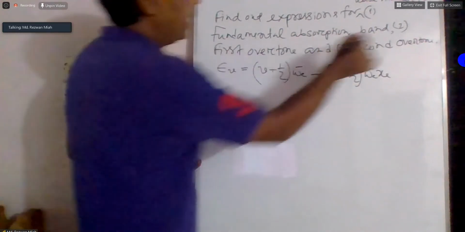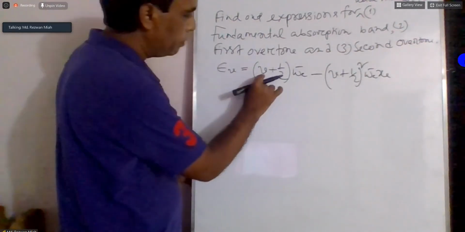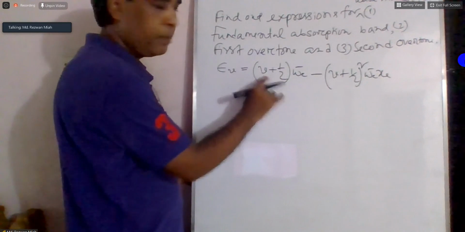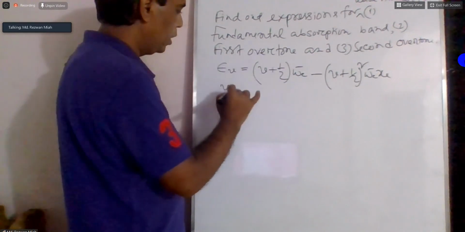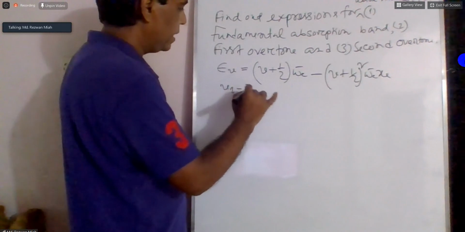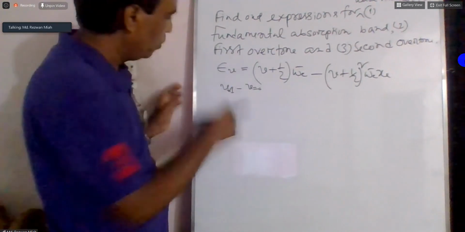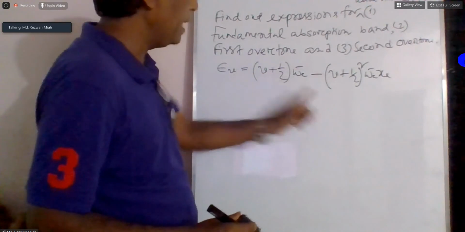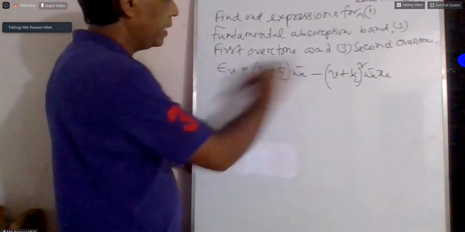So in case of fundamental absorption, we have to replace nu with 1 minus with 0. That means nu is equal to 1 minus nu is equal to 0. We have to put this value, then we find out the gap.